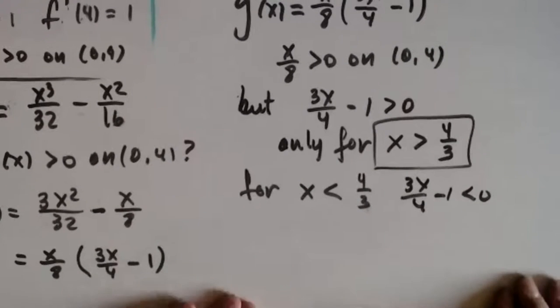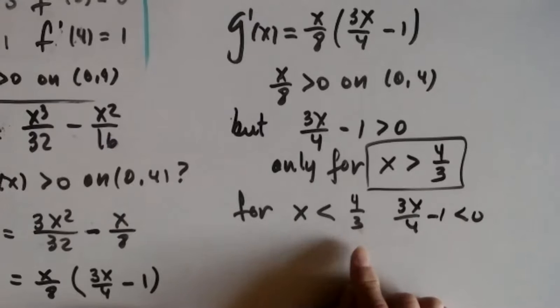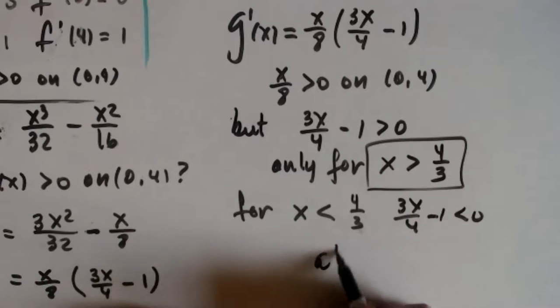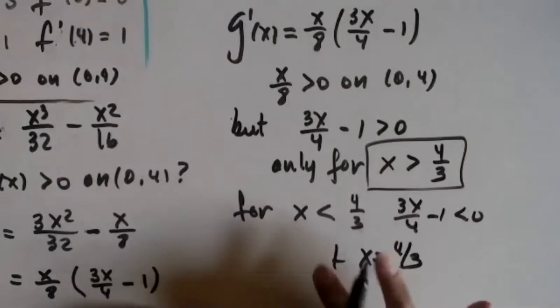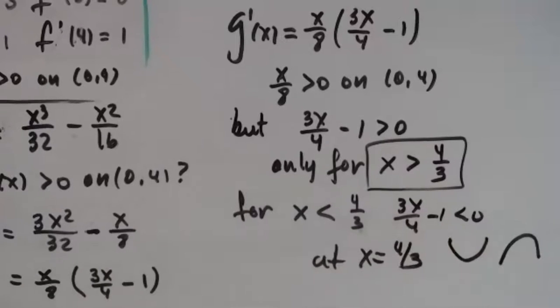David, what kind of point is this one? It is decreasing before 4/3, right, and increasing after 4/3. What point is that? Now what kind of point? So the function is this or is this?